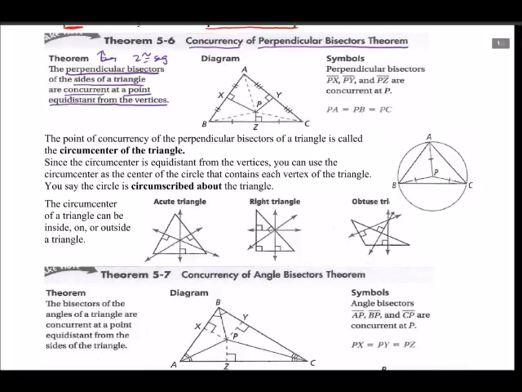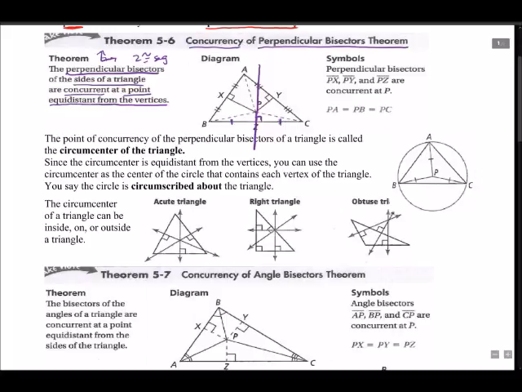So let's look at our bottom side here, side BC, and we are going to draw the perpendicular bisector. So we see here that it bisects and makes a right angle. So that's the perpendicular bisector of that side. And now we go to the next side. Let's do AC, the right-hand side over here.